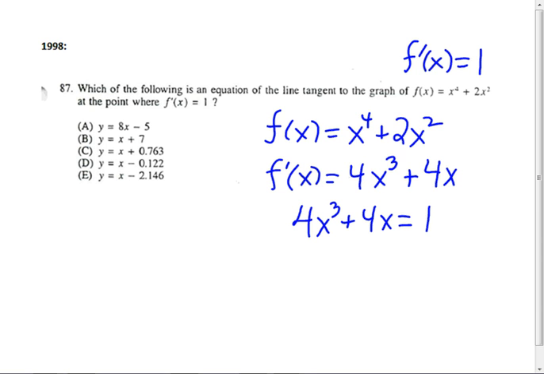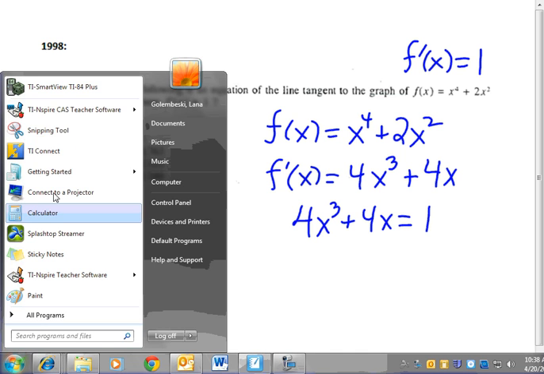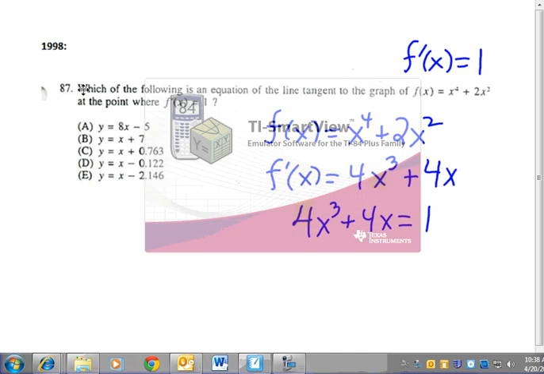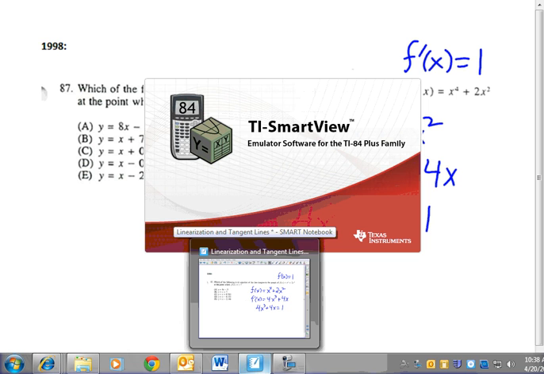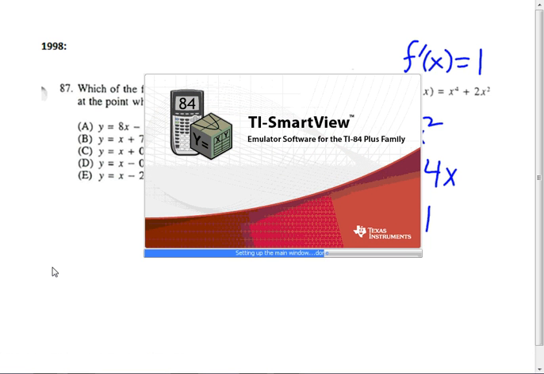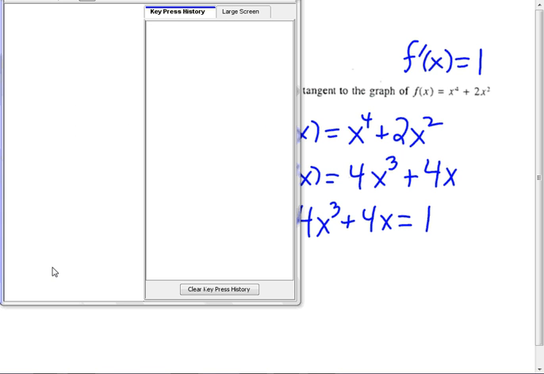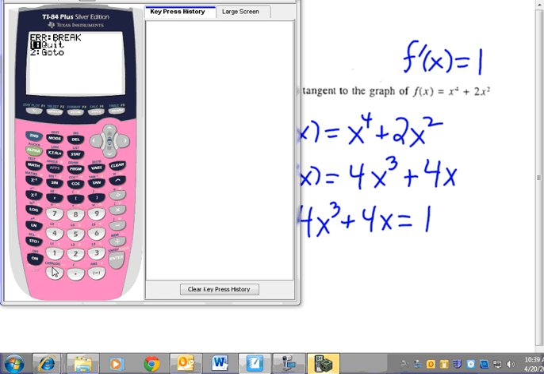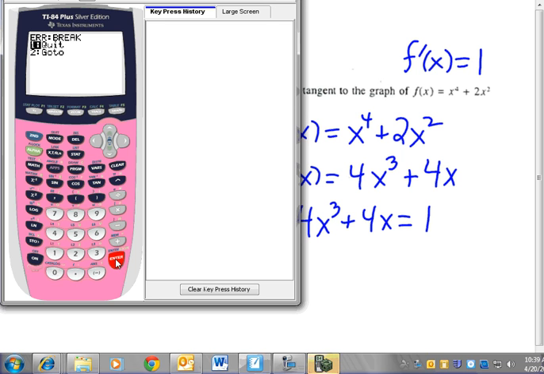So if you have a calculator out, now I wouldn't do intersections, I would do zeros. No, it's an ugly number. Okay, whatever. I would subtract the 1 and look for the 0.